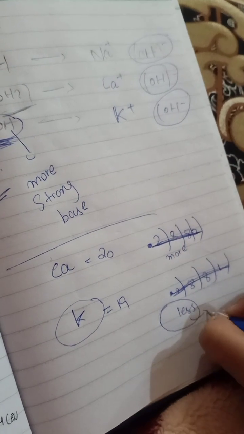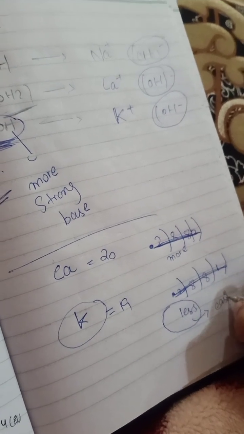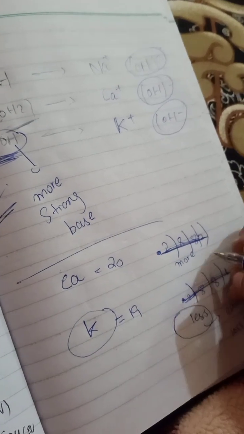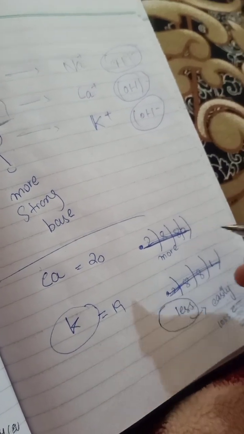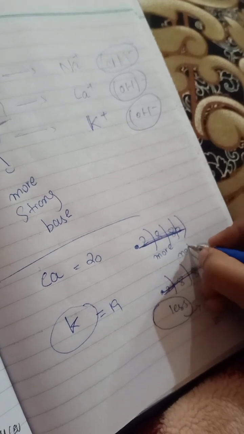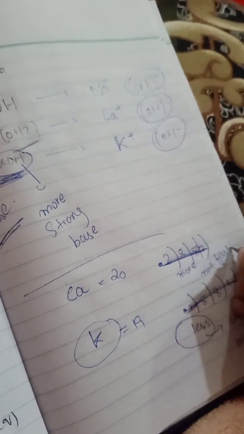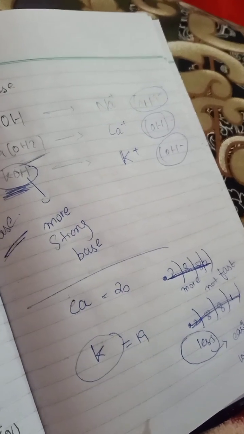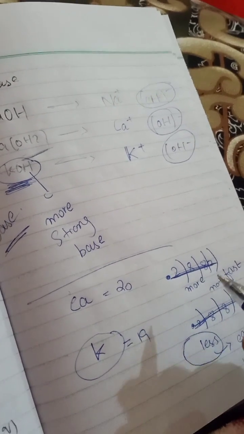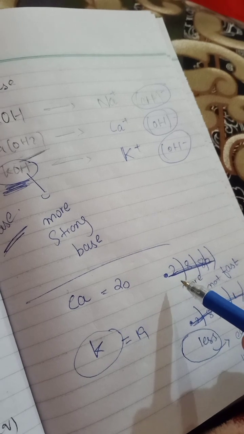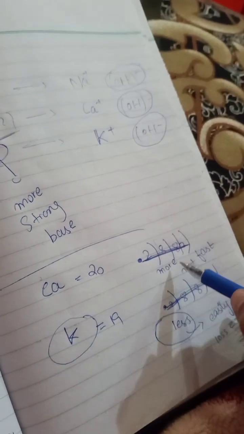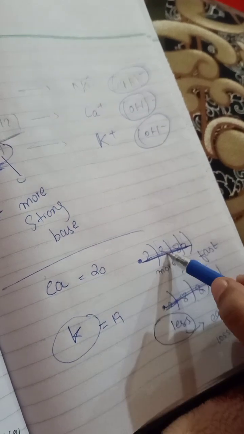So it will lose the electron very fast, while calcium will lose the electron but not as fast.